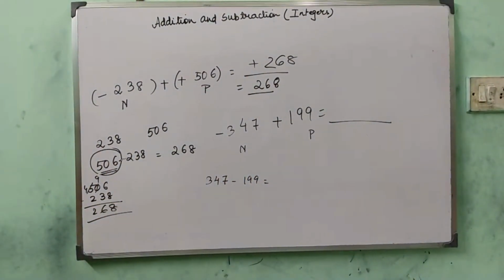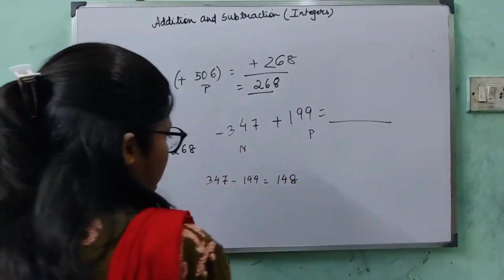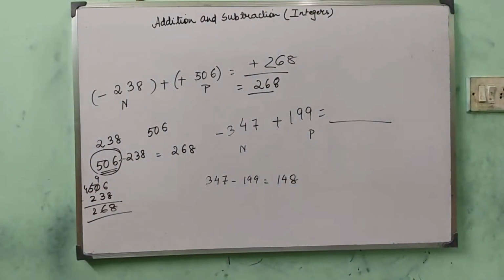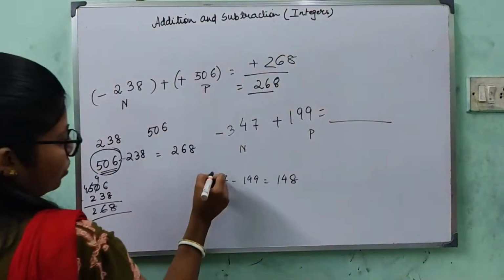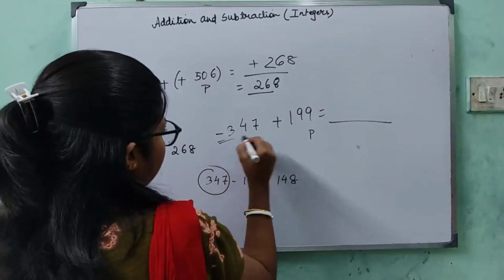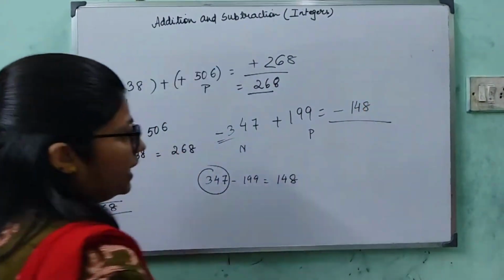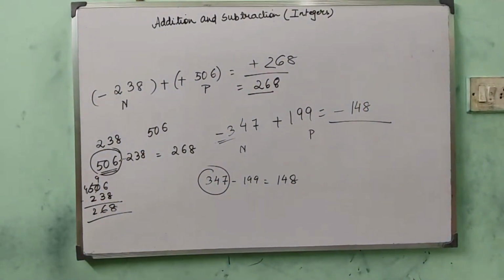So 347 minus 199 is 148. Now here, what is the sign of 347? It is minus sign. So it will be minus 148. Okay, is it clear? I hope it is clear.